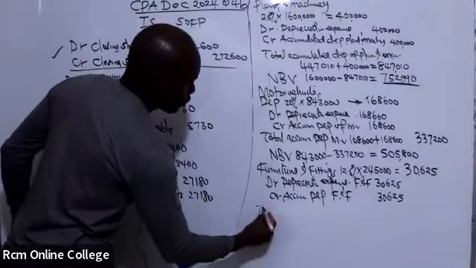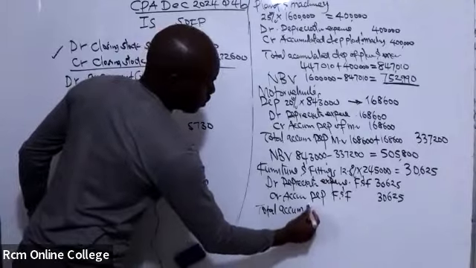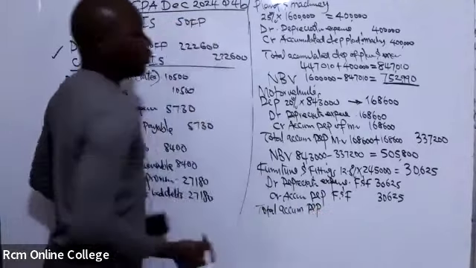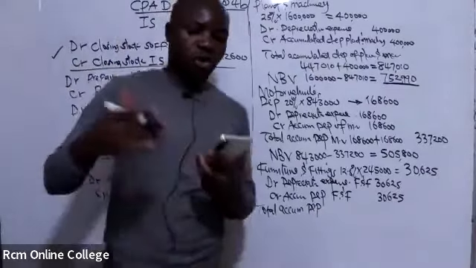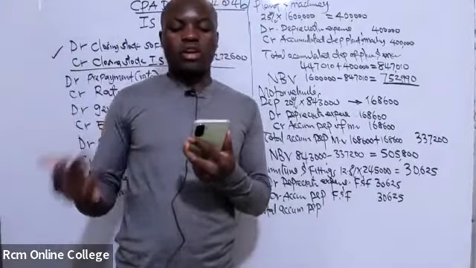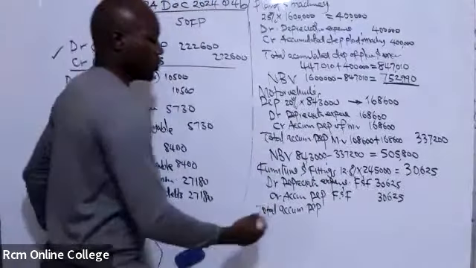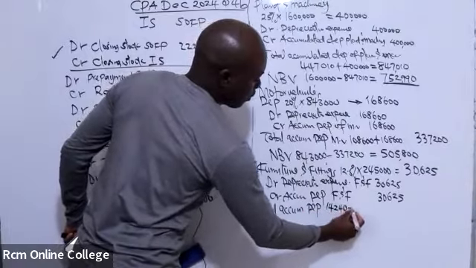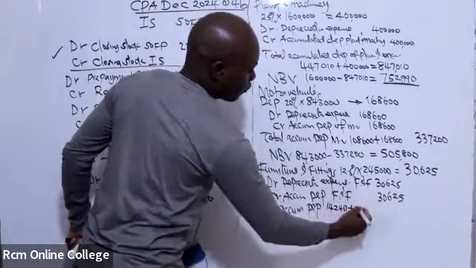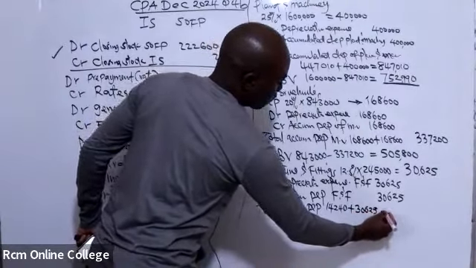So total accumulated depreciation will be opening provision for depreciation, or opening accumulated depreciation. I can see we have 14,240. So let's take 14,240 plus depreciation expense for the year, that is 30,625.